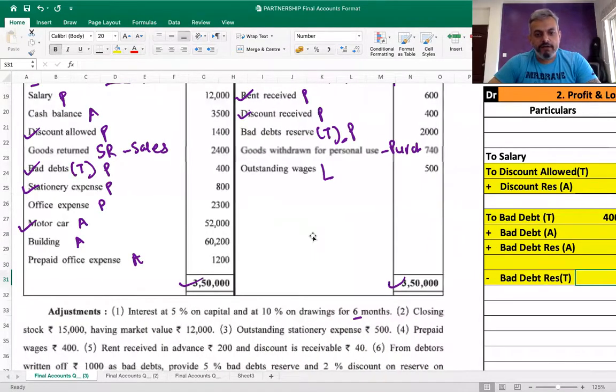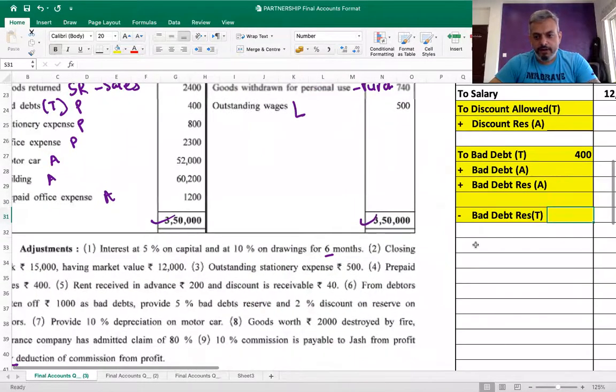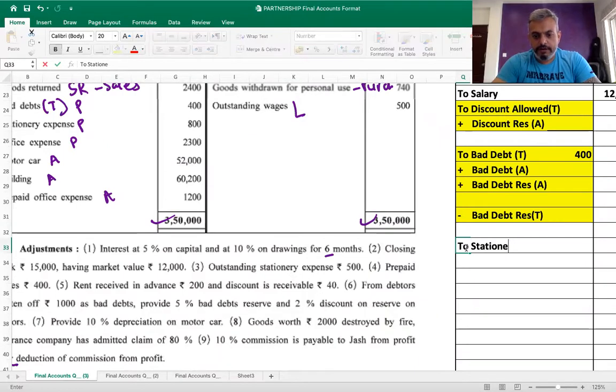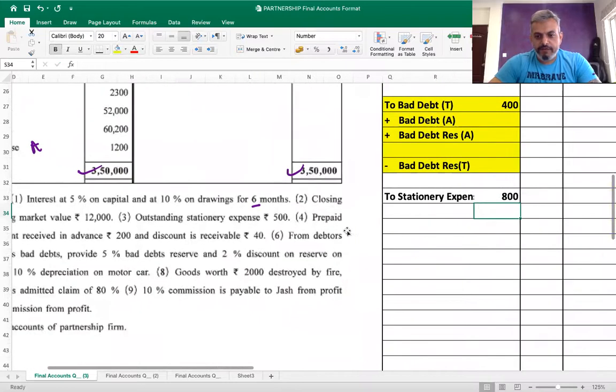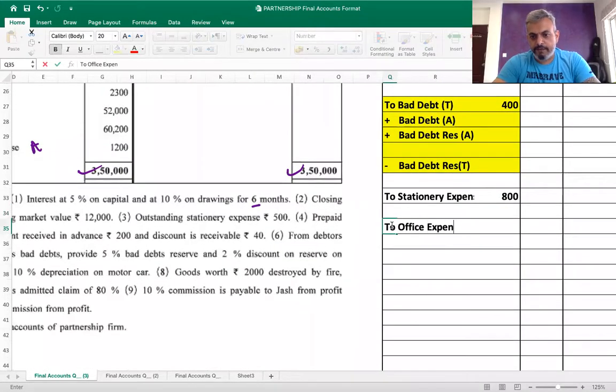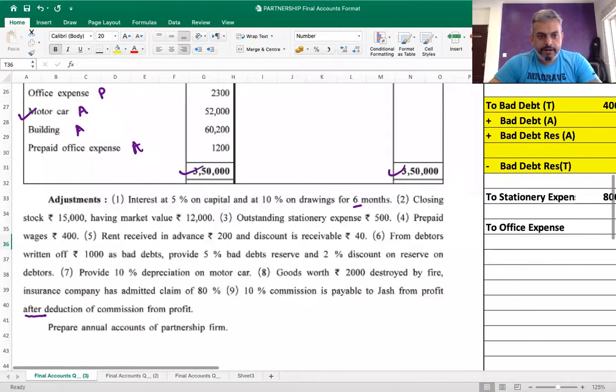Then stationery expense 800 inner column. To stationery expense 800 inner column. Office expense 2300. To office expense 2300.